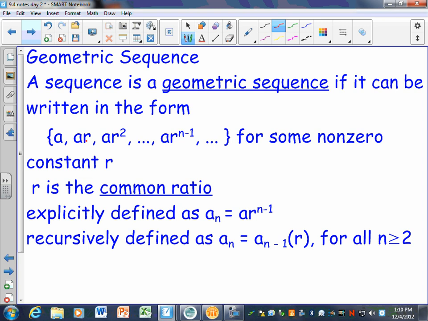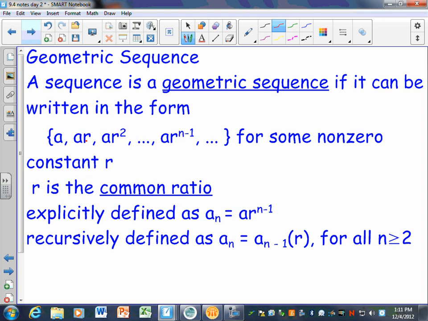And so, just like the common difference, r we call the common ratio, and if you know the first number, and if you know the common ratio, then you can write the explicit formula, which is always going to be a sub n is equal to a times r to the n minus 1, and the recursively defined one is still going to be a sub n, but you have to say use the one before it. And how do we write the one before it? We say a sub n minus 1, and we're still multiplying by r.